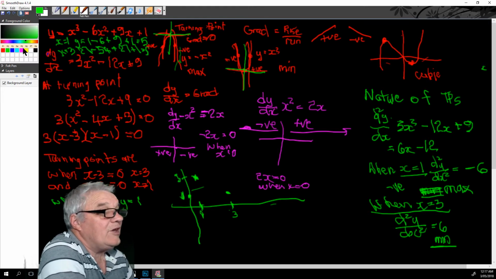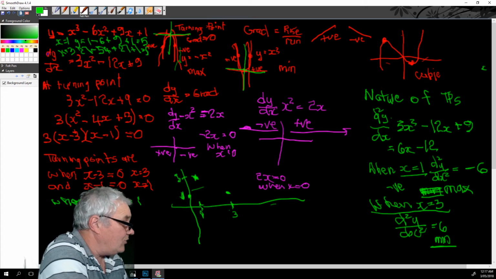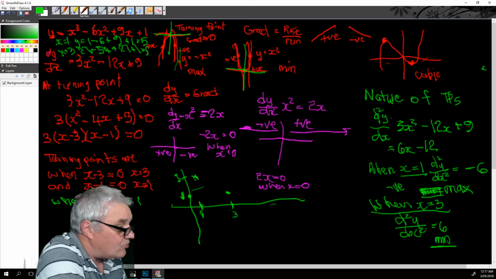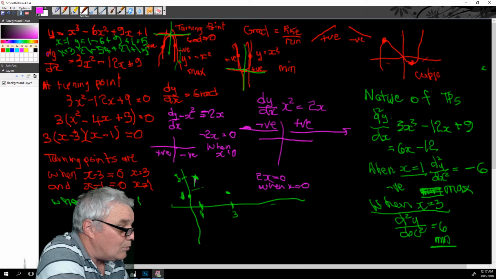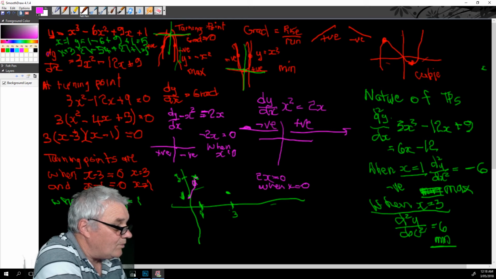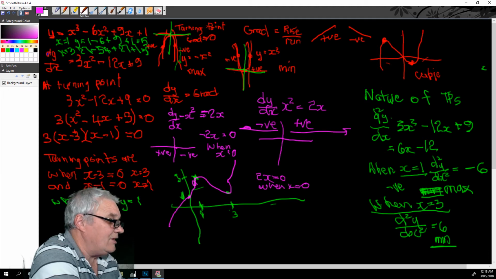So now if we go to our graph, we can see that when x is 1, it's a maximum. So that's indicating that as it's coming up here, it's a maximum, and then it's coming down here, and it's a minimum there, and then it's going to come down here like that.